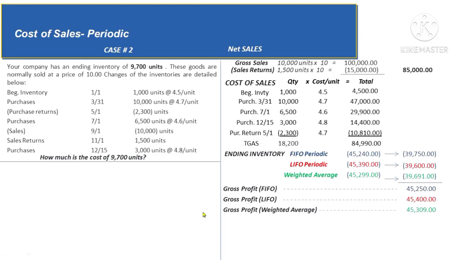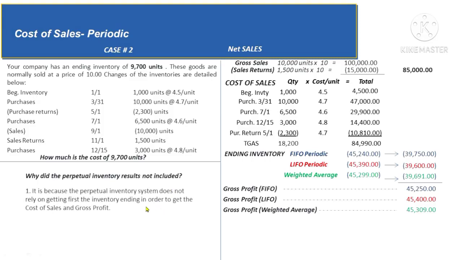And by the way, the merchandise inventories computed under the perpetual methods were not included in this slide because unlike the periodic inventory system, the perpetual inventory system does not rely on getting first the inventory ending in order to get the cost of sales and gross profit.